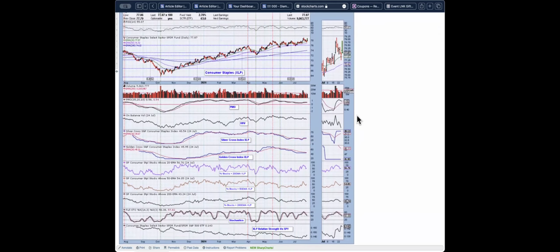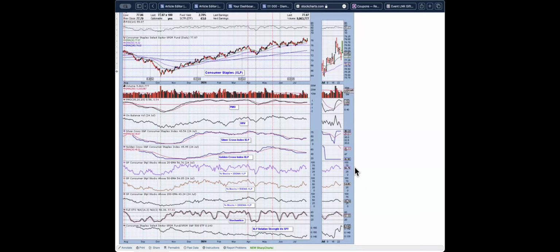This one is really low on its Silver Cross Index. Even with this rally, it hasn't done much. Golden Cross is well below its signal line. We have 50 percentiles here for the percent above their 20, 50, and 200-day EMAs. So we do have kind of a mediocre look at consumer staples.